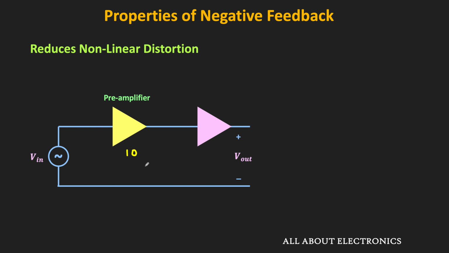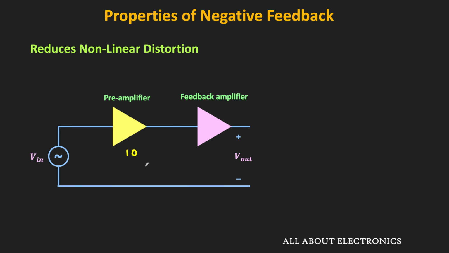This preamplifier will not add nonlinear distortion, because its gain is very small. That means the signal levels even at the output of this preamplifier will be small, and because of that, it will not see the effect of nonlinear distortion. And in the next stage, we can use this feedback amplifier. In this way, it is possible to achieve the desired gain.